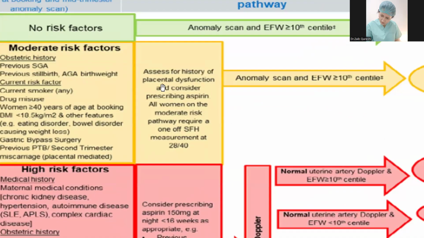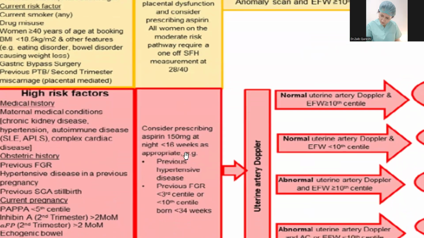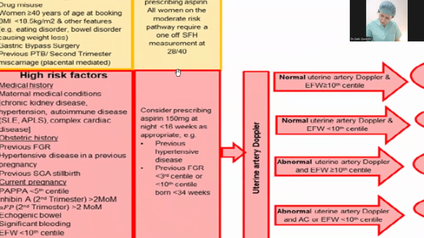Right? So for the high risk category, because we are talking about placental pathology, we are talking about resistance. So what you need is to decrease the resistance. Resistance is because of the viscosity of the blood, so you need to decrease the viscosity of the blood.